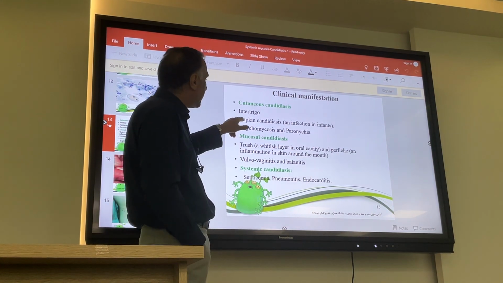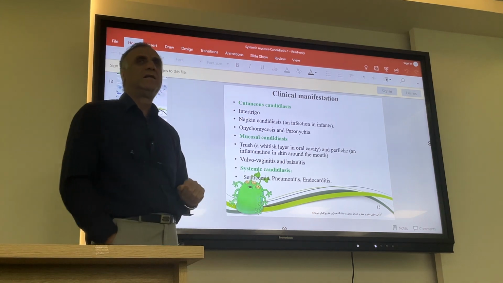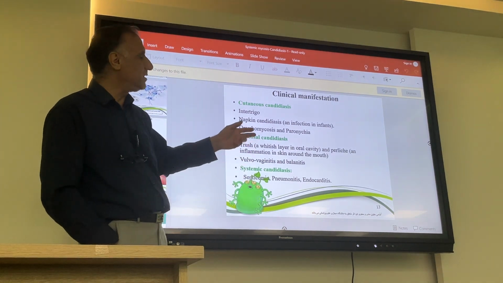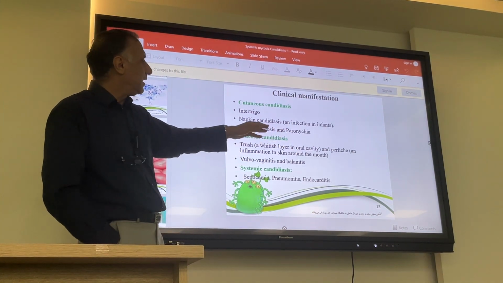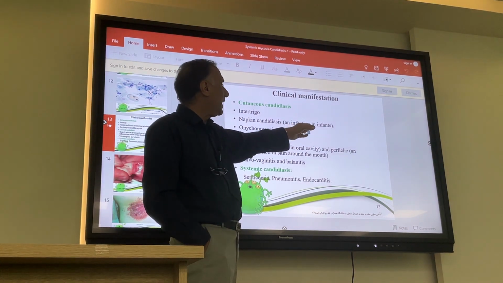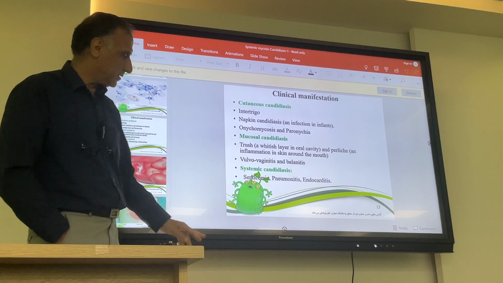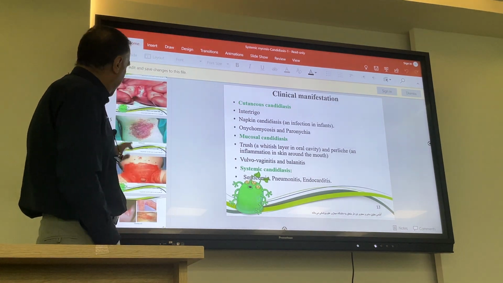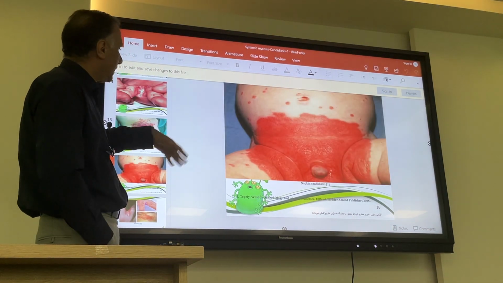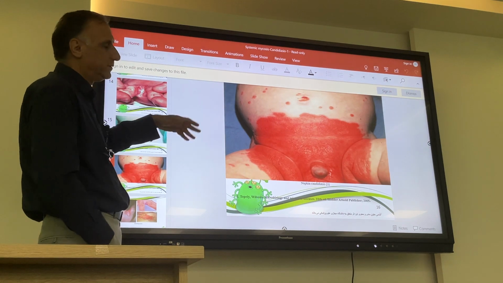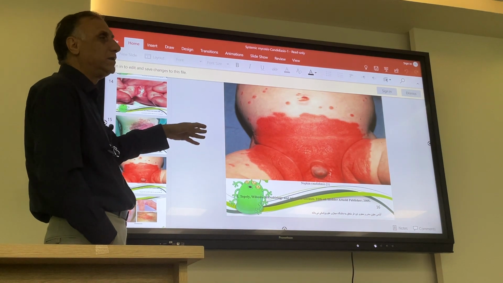Another is napkin candidiasis. Napkin candidiasis usually occurs in infants, around the genital and anal areas.